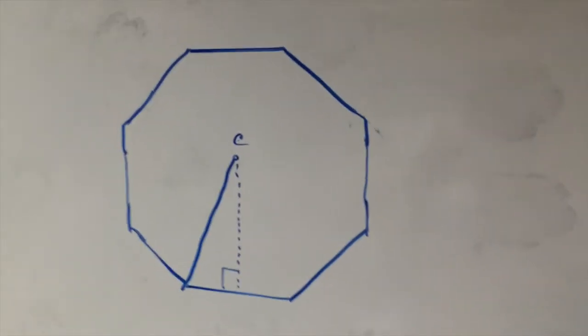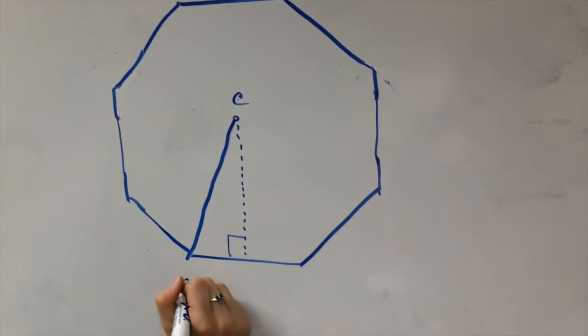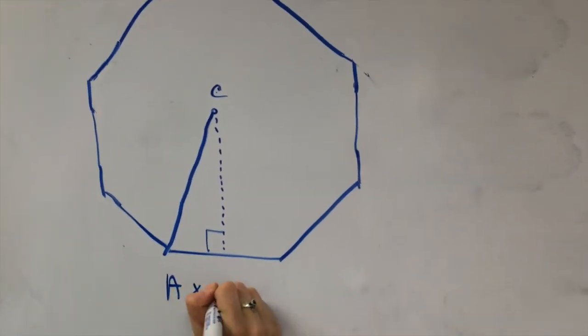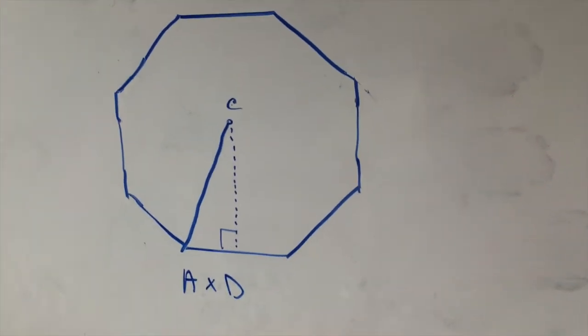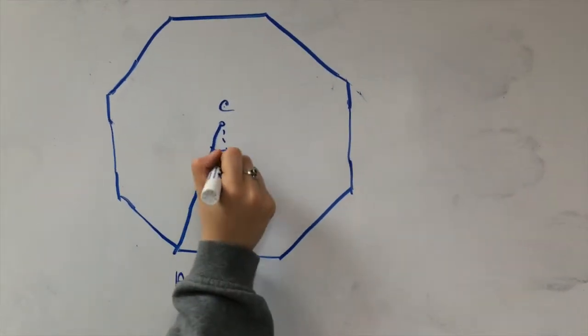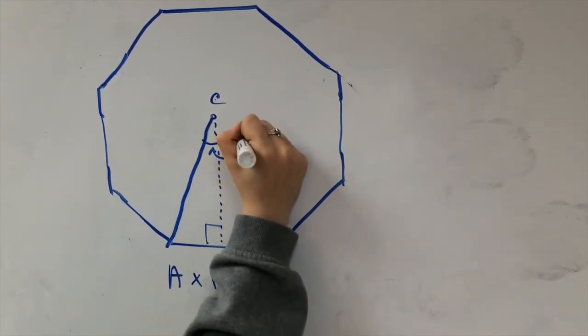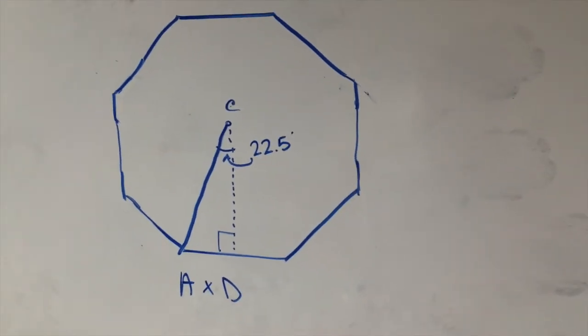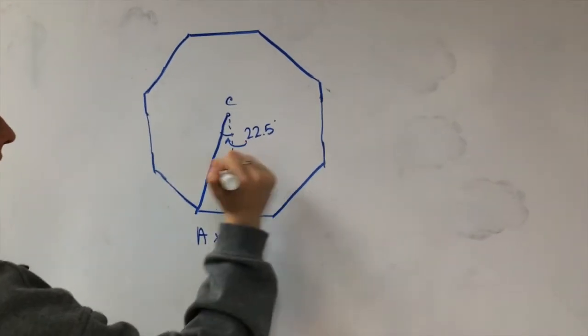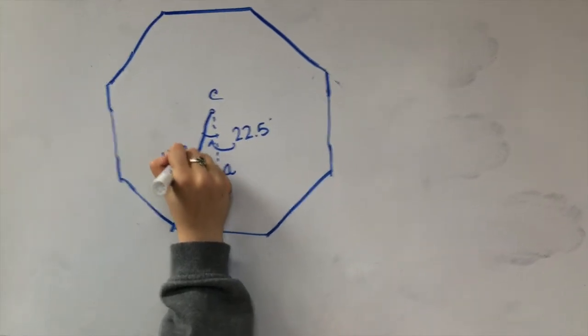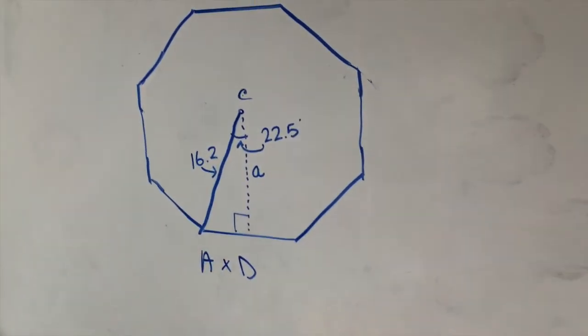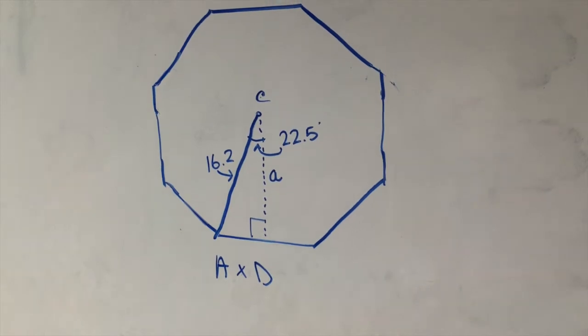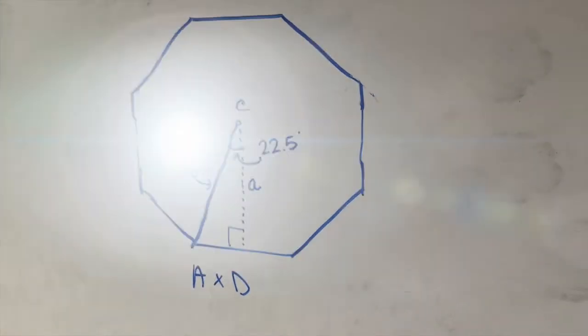And then we have to find the area of that triangle and multiply it by the number of triangles inside. So this angle is 22.5 degrees. And then we don't know what the adjacent is, so that's A. And then the hypotenuse is 16.2.